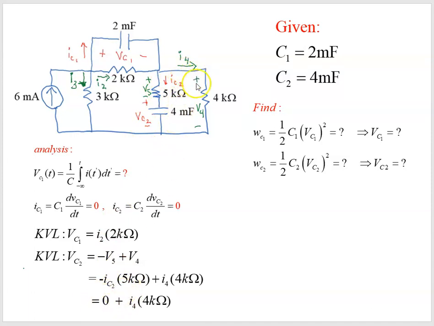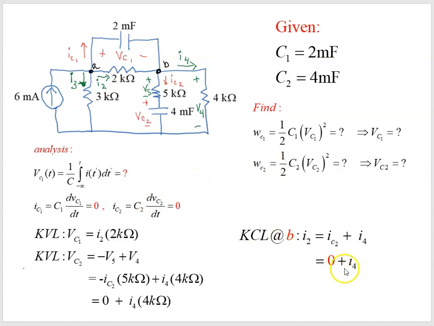And so V4, which is I4 times 4 kiloohms, is essentially what our VC2 is. The voltage across this capacitor is just the voltage across this 4 kiloohm resistor. Again, this is because under DC conditions the capacitor looks like an open circuit, so there's no change with time and the current is equal to 0.